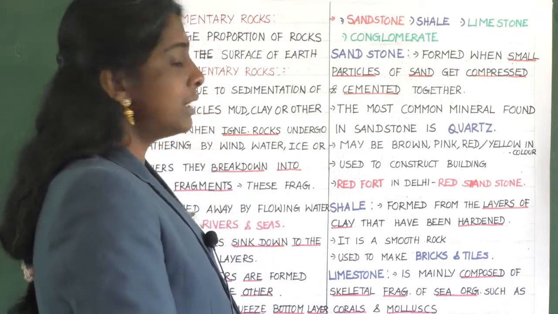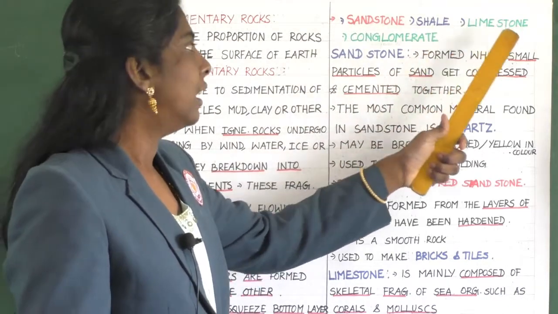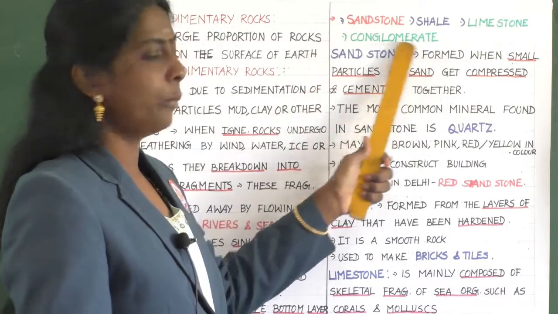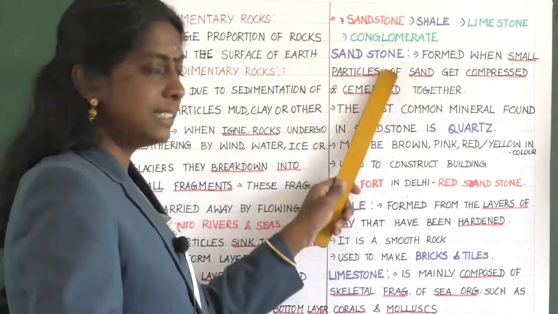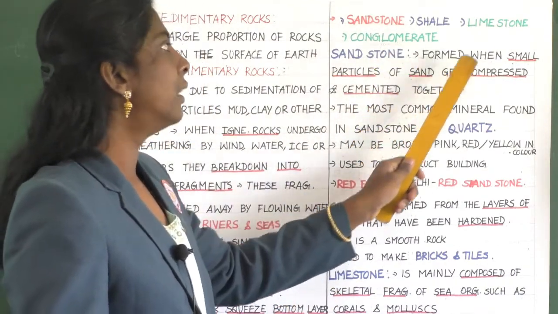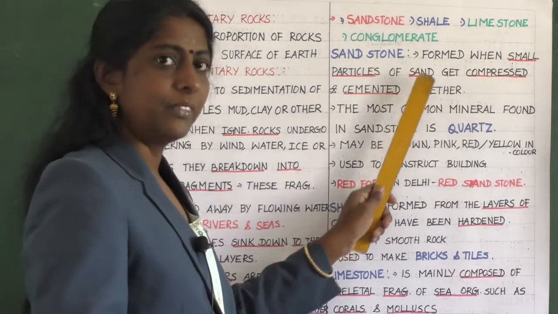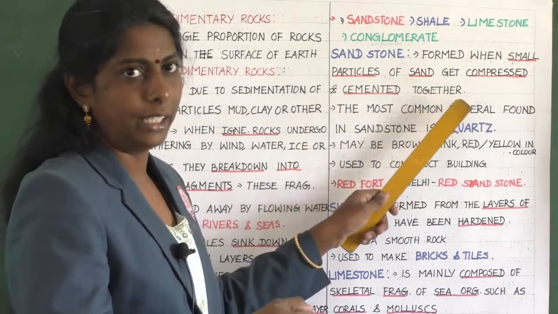So what are the different types? They are sandstone, shale, limestone and conglomerate. Let us learn one by one. First, sandstone. What is sandstone? It is formed when small particles of sand get compressed or cemented together.